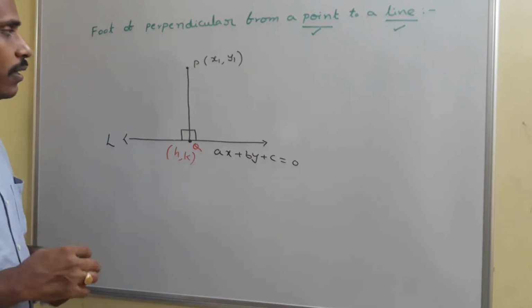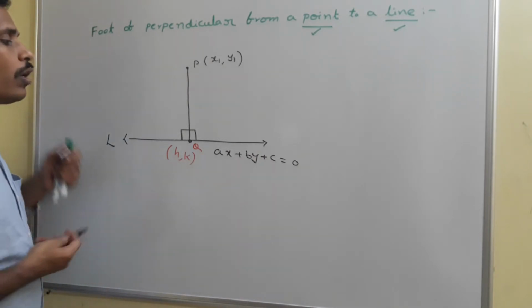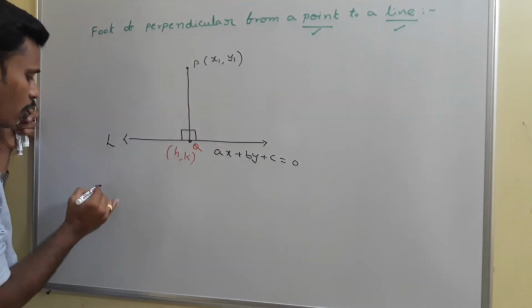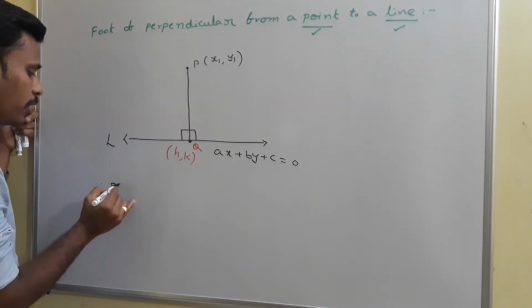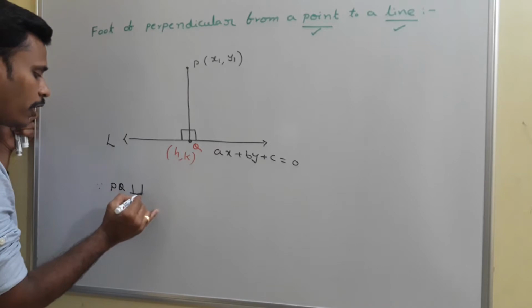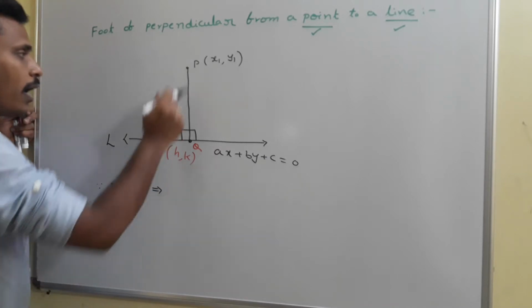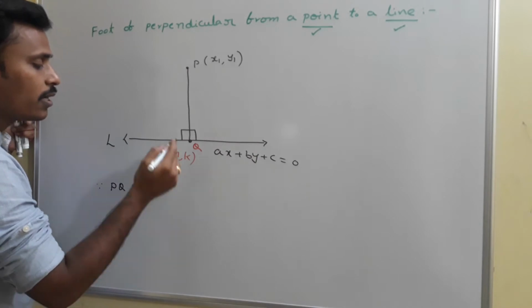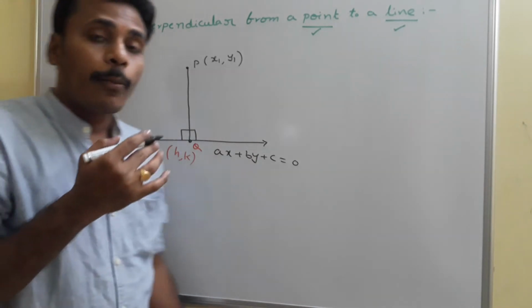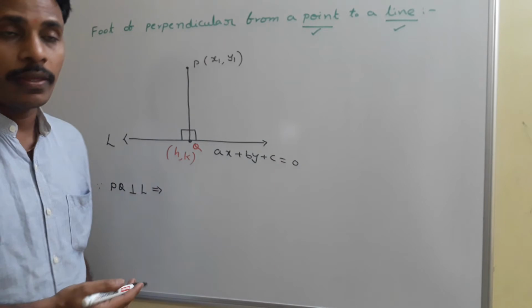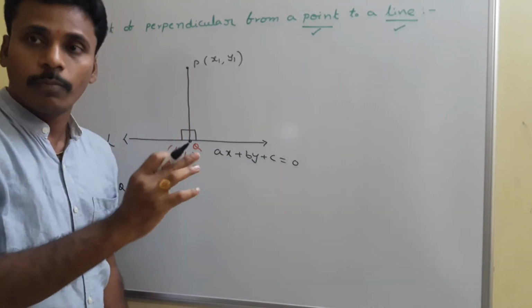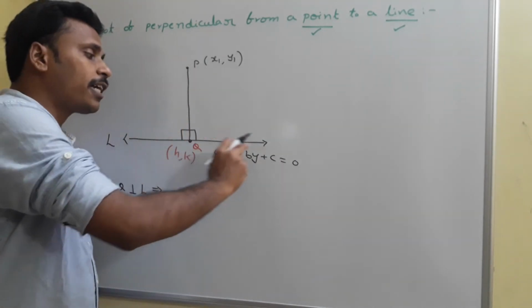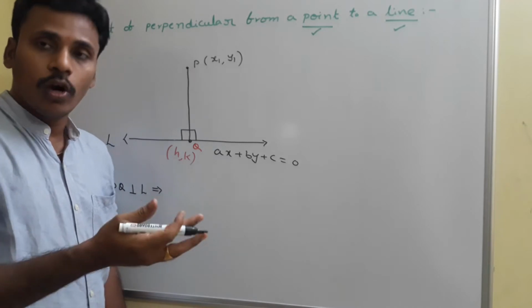Now if you look at the diagram, for sure this PQ line is perpendicular to the given line. Since PQ is perpendicular to the line, the product of their slopes is minus 1. PQ is a line segment, or you may say a line, and ax + by + c = 0 is a line.